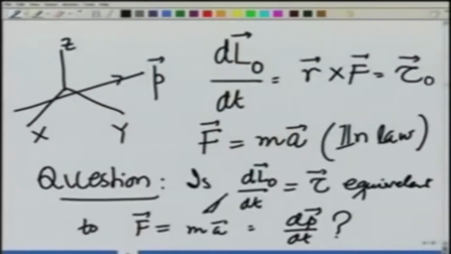I am doing all this exercise to make you familiar with angular momentum and related mathematics. Let us understand this by considering an example. I will consider the example of a conical pendulum, and with that I will show you a couple of things. First, I will show you that the angular momentum indeed is origin dependent, and number 2, these two are indeed equivalent. So, let us do that.